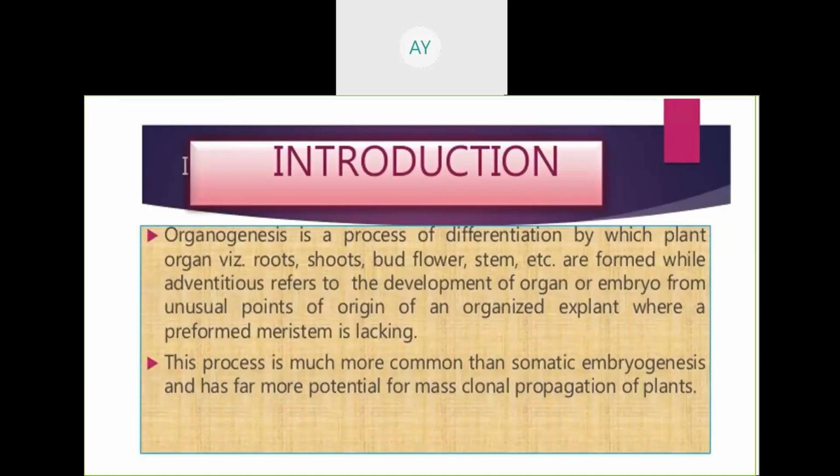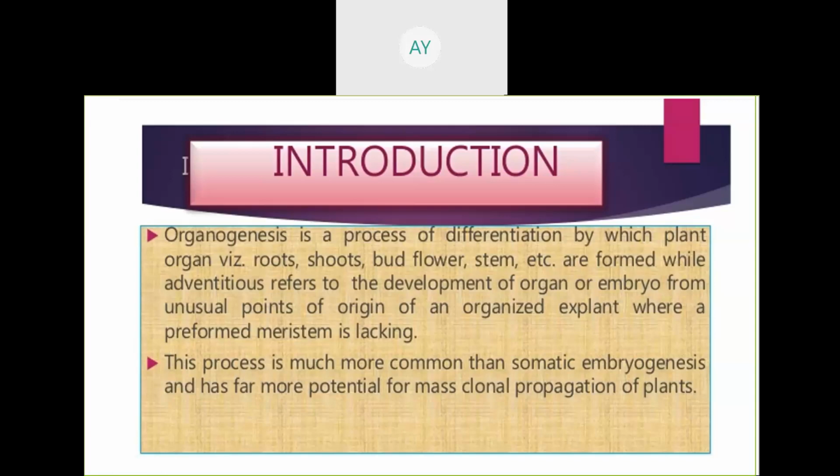So what is organogenesis? The process of differentiation by which root, shoot, bud, flower, and stem are formed, referring to development of an organ or embryo from an unusual point of origin of an organized explant, where a preformed meristem is lacking. It means we are multiplying the plant from an explant that has the capability to multiply and divide.